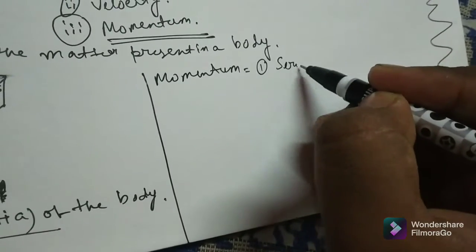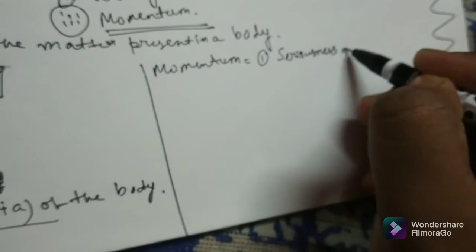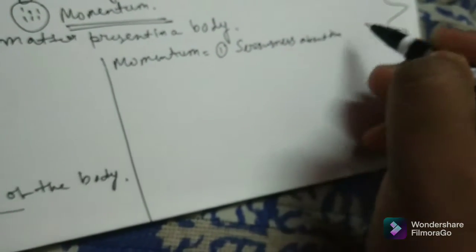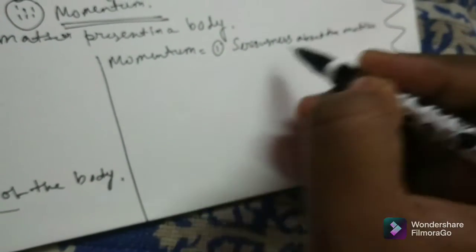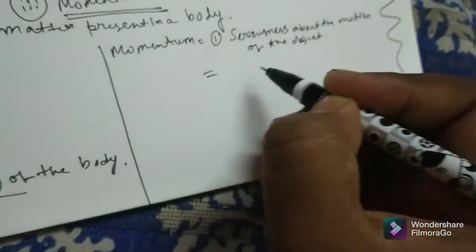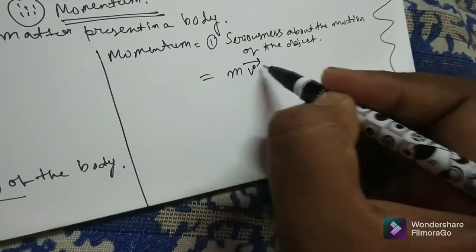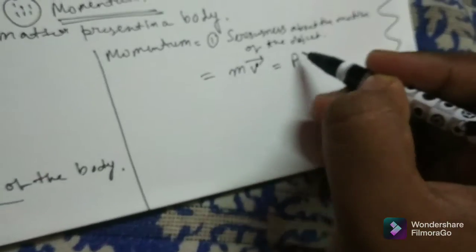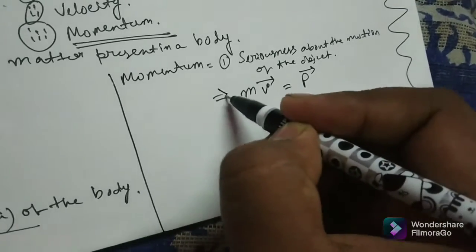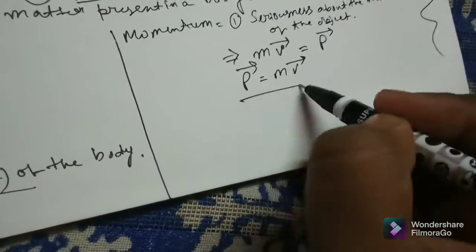It is the quantity of seriousness about the motion of the object, which is equal to m times v. Obviously it will be a vector quantity, so I'll denote it by p. So p equals m times v.